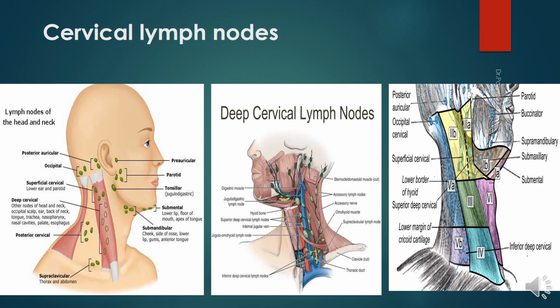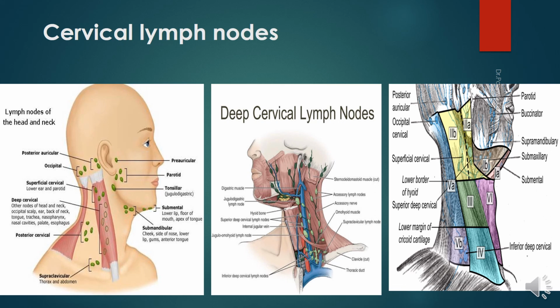Now, there are levels of the lymph nodes in the cervical region. So, as shown in the figure, the first level lymph nodes are submandibular and submental. Then the second level has superior spinal accessory and superior jugulodigastric. Third level is mid-jugular and jugulo-omohyoid, and inferior jugular forms the fourth level.